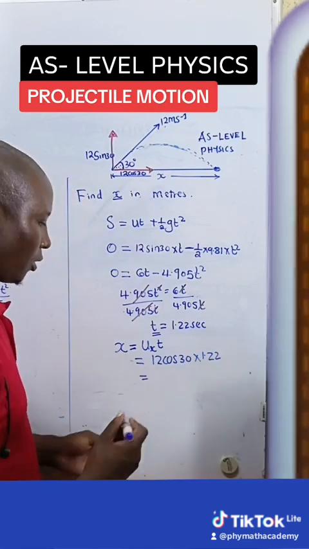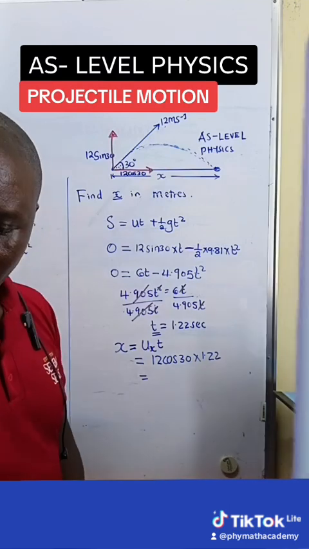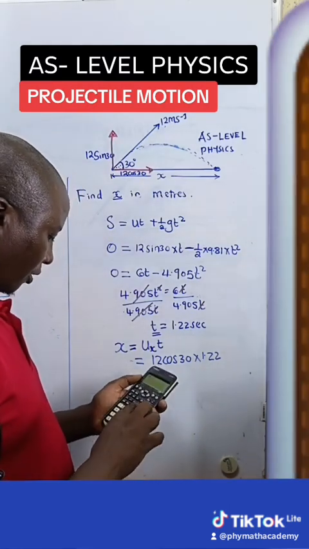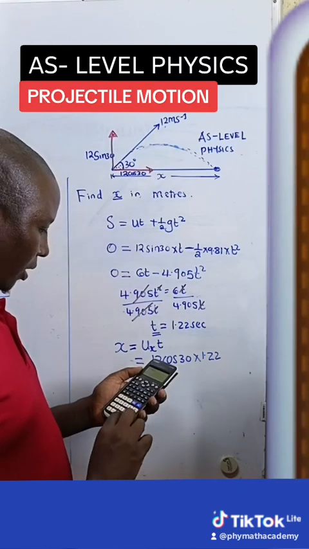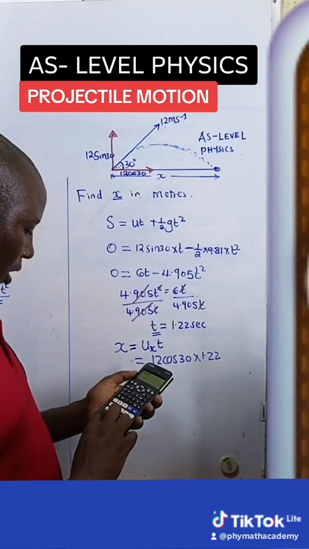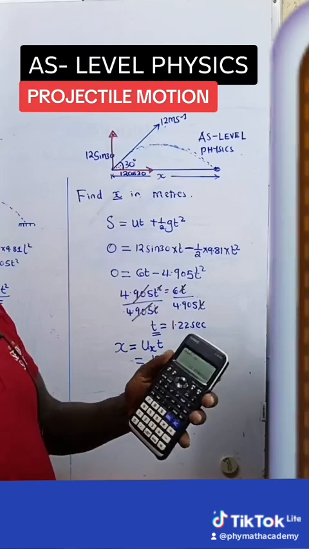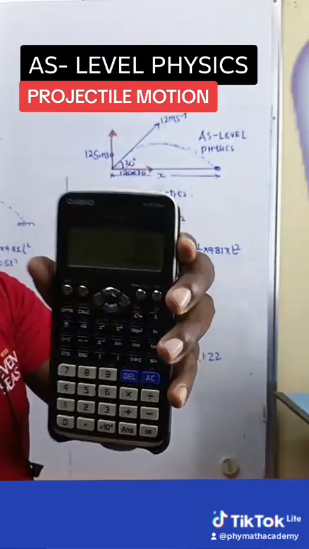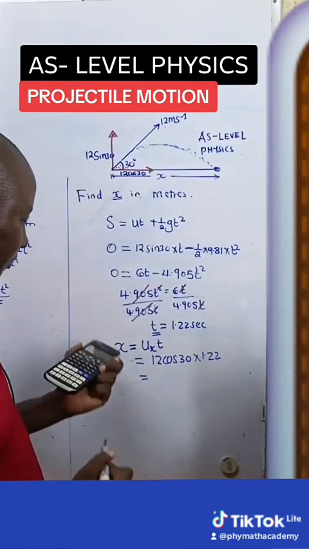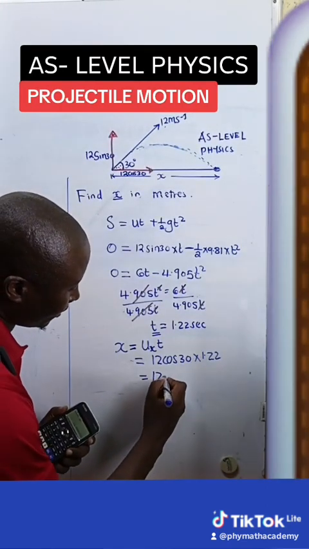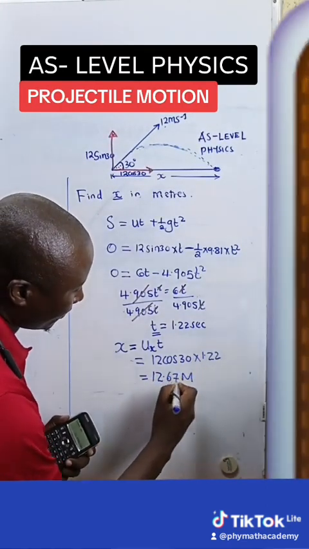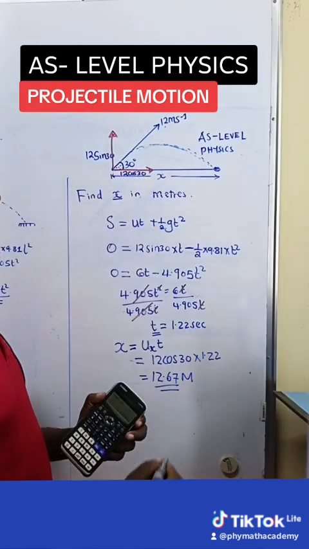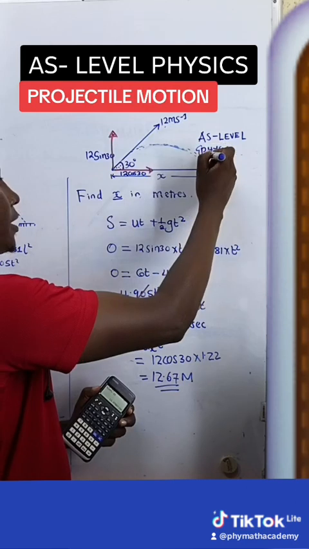If you work out this value, 12 cos 30, then times 1.22, you are going to get 12.67 meters. So this is the distance traveled by this object in that particular direction.